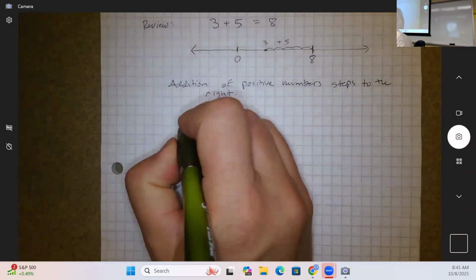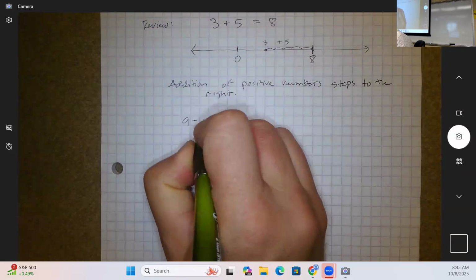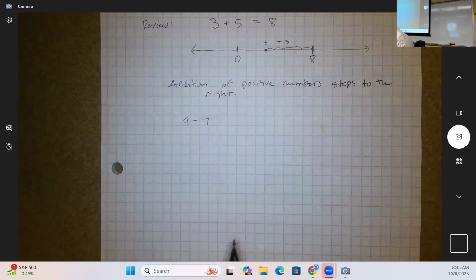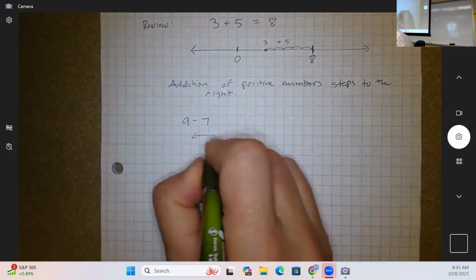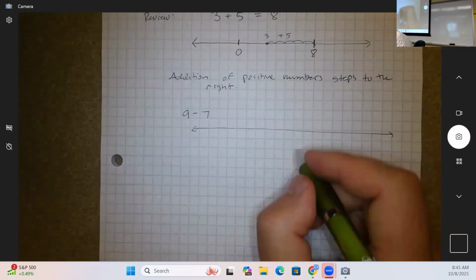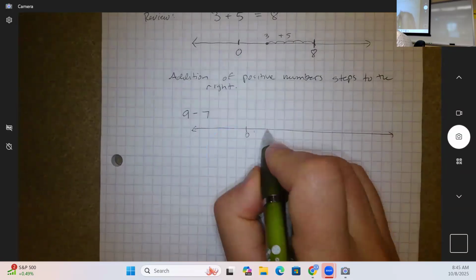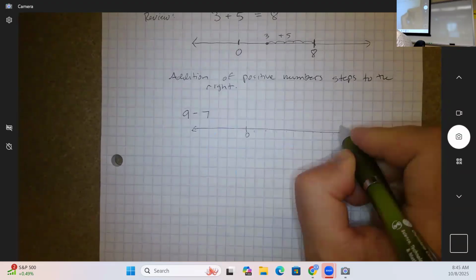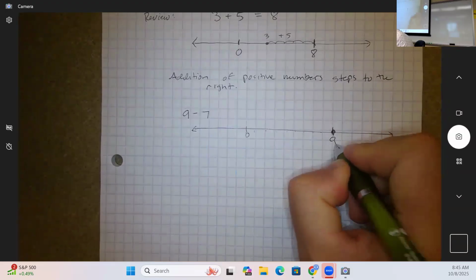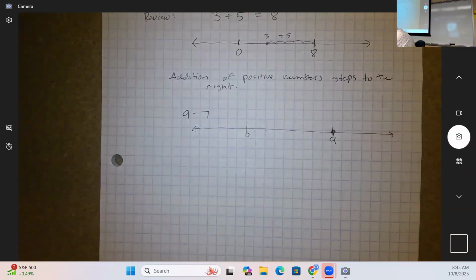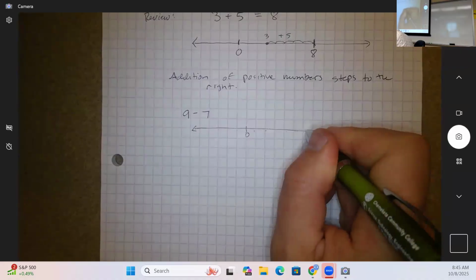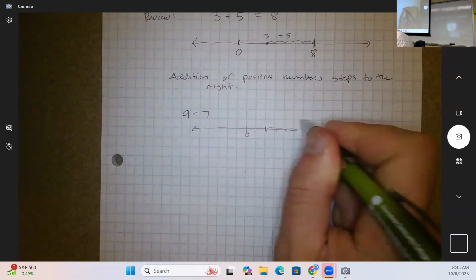And if I have something like 9 - 7, again on my number line, I start at 9 and I'm taking away 7. So I'm going to go 1, 2, 3, 4, 5, 6, 7.